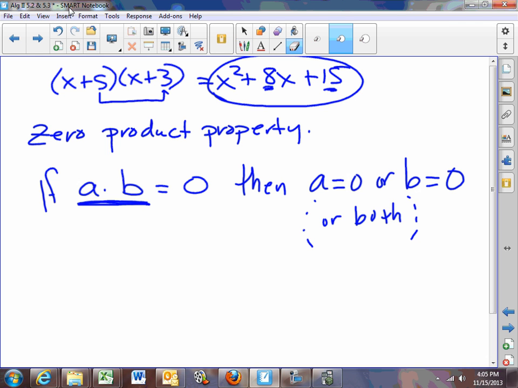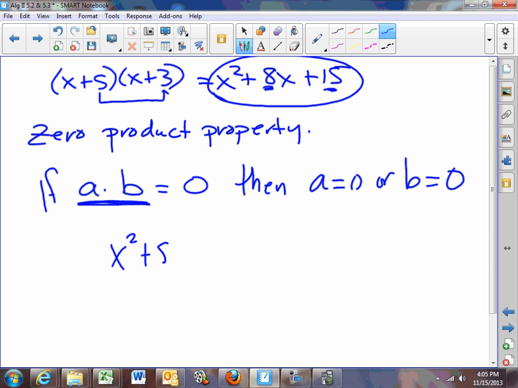Now, what that means is if we have a polynomial like x squared plus 8x plus 15, and we know that it's equal to 0, if we could find two binomials that multiply together to give that polynomial, and we know that their product is 0, then one of those binomials has to be 0.